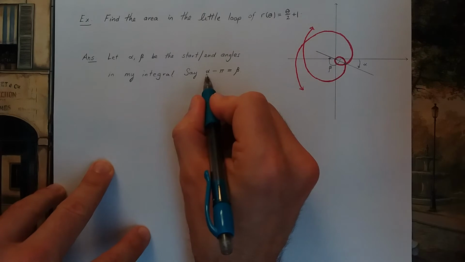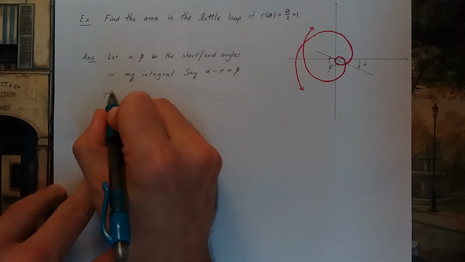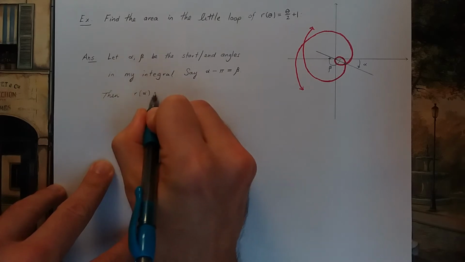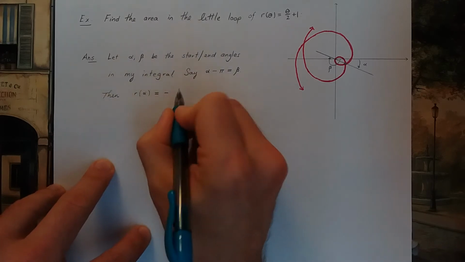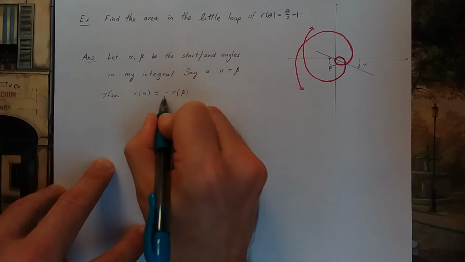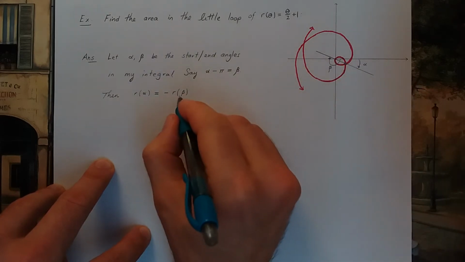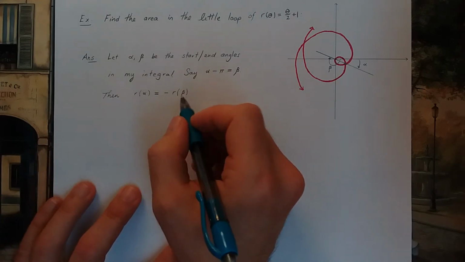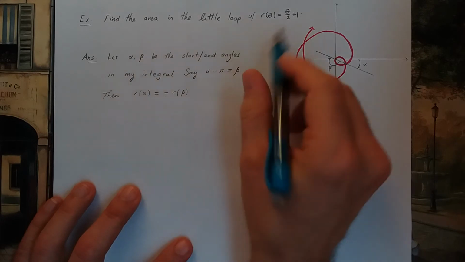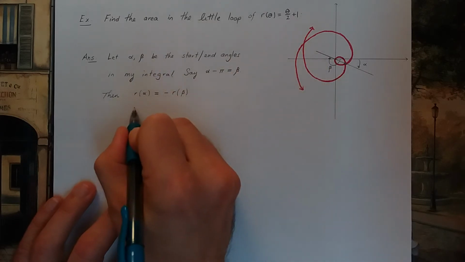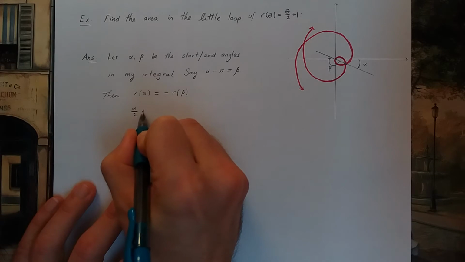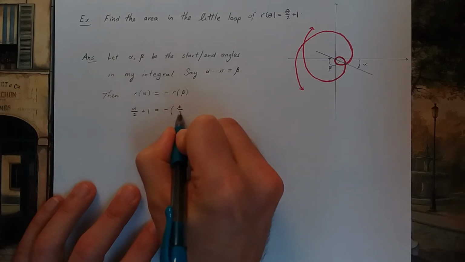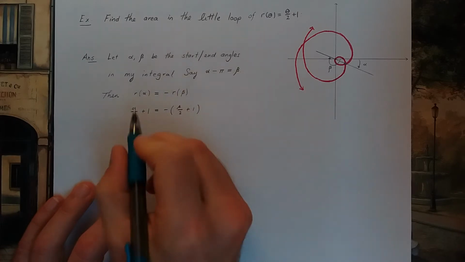So let's see what happens if this relationship is true. What I need to happen is r of alpha to be the opposite of r of beta. Again, I have this negative sign because I need to be walking backwards when I look at beta. Okay, so I can plug alpha and beta into this equation, and I get alpha over 2 plus 1 should equal negative beta over 2 plus 1.